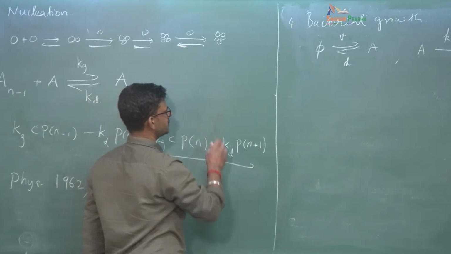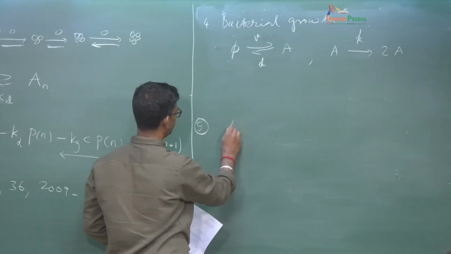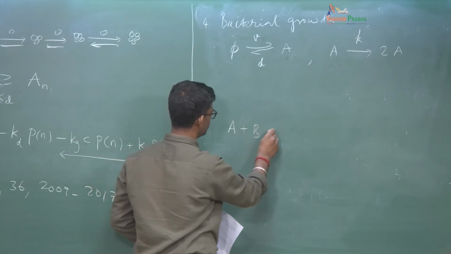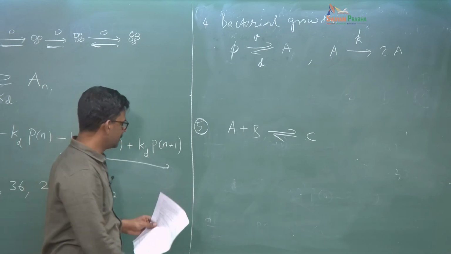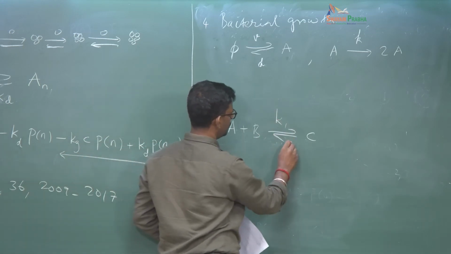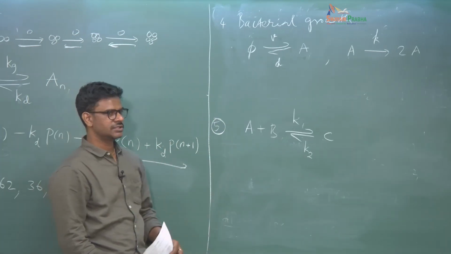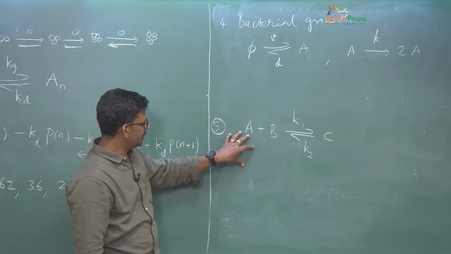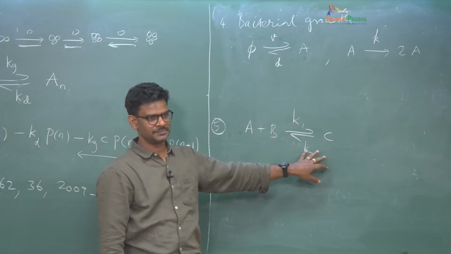And if you have done this, also do another problem where you have a bimolecular reaction, A plus B going to C with rate constants K1 and K2, where you want to treat the number of molecules of A, B, C, all of them, as a stochastic variable.